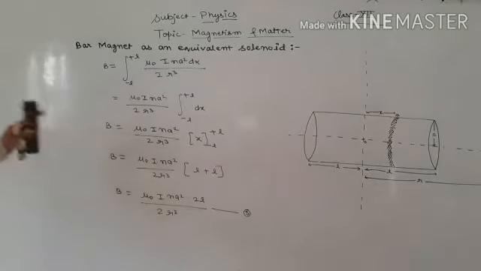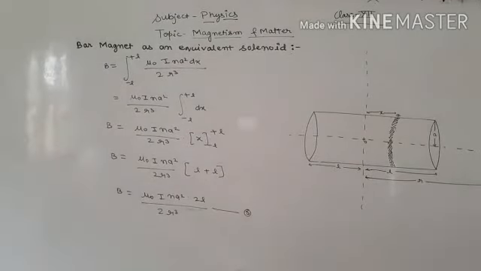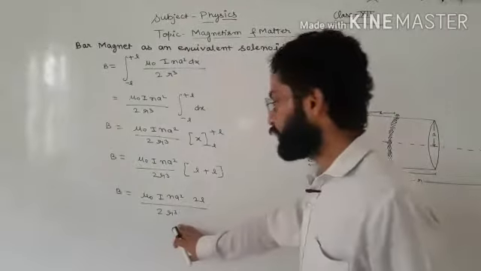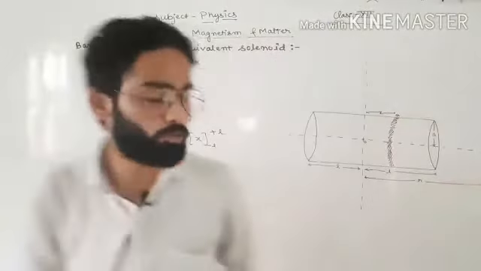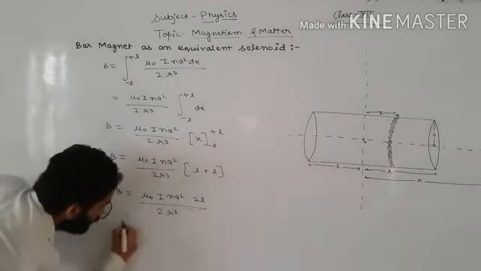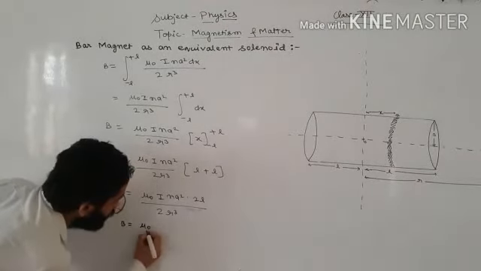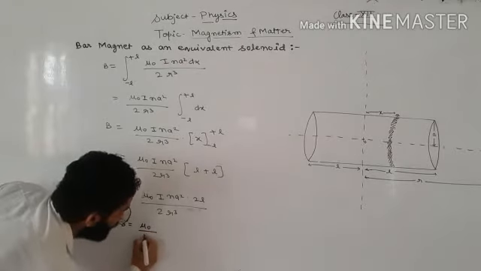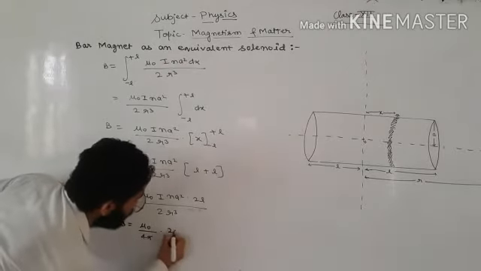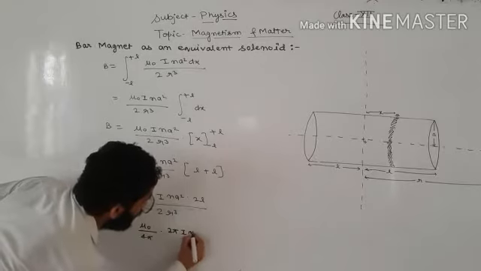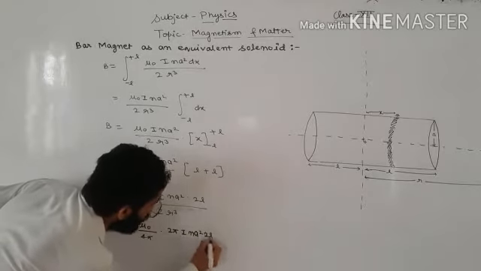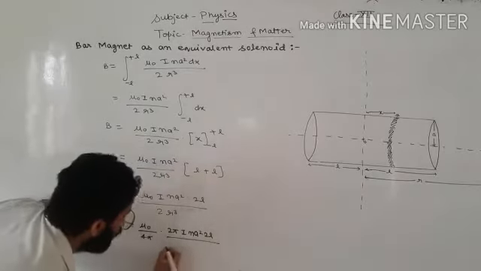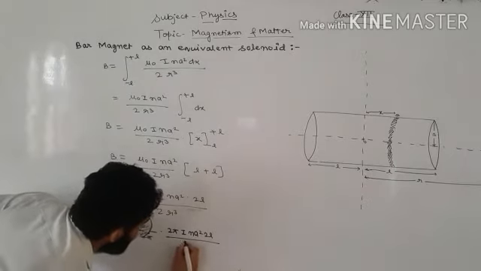Now how will you solve this further? We have to multiply and divide it by 2 pi. Then we get mu naught upon 4 pi, times 2 pi I n a square, 2L upon r cube.